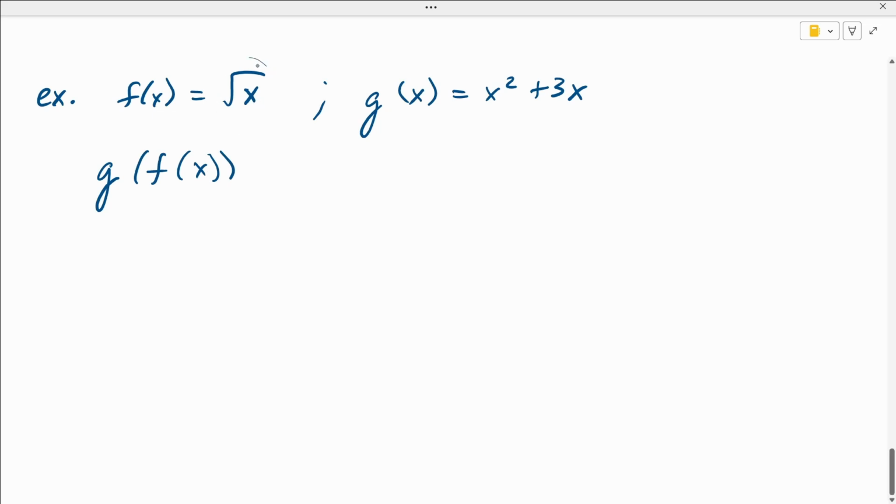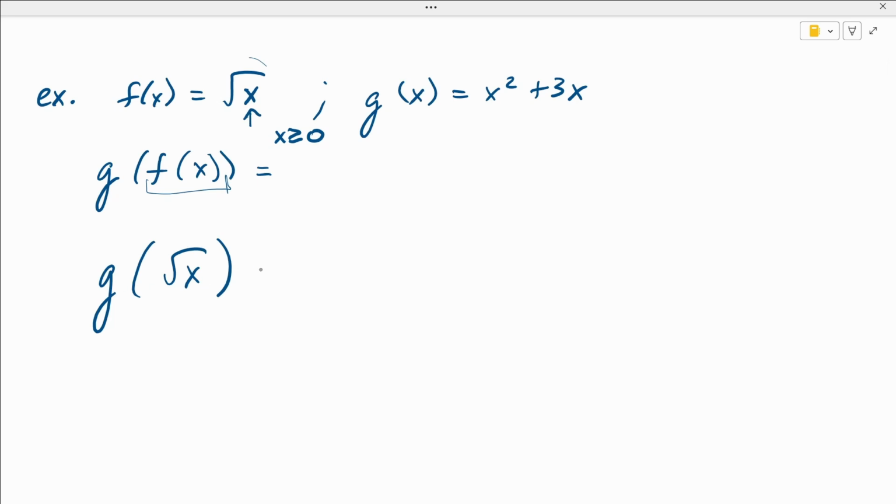So the square root of x is our output. Now we have to think, what values of x are permissible right here? Well, only x greater than or equal to 0, because you can't square root a negative. So we have a restriction that x must be greater than or equal to 0, imposed right at the beginning.